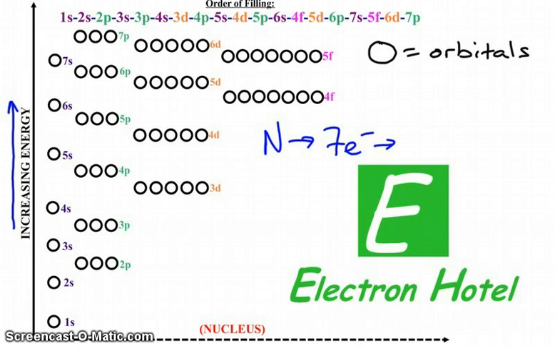So starting down here at our low energy position, I know that I can put 2 electrons in the 1s sublevel. Next up is the 2s sublevel, and I can put 2 electrons there in that orbital. After that is the 2p sublevel. And yes, I can visually see it down here at the bottom, but you're going to really want to know and pay attention to this order of filling up here at the top.